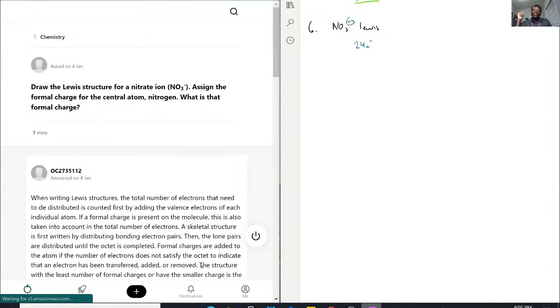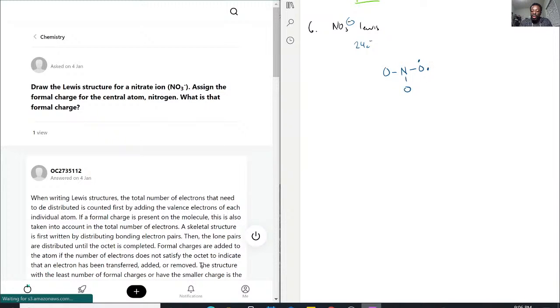So let's go ahead and draw with nitrogen in the center, not just because the question says so, but also because nitrogen just so happens to have the most unpaired electrons in its atomic form. So we have N, and we have the 3 O's, and supposedly it ends up being 1 minus. So let's now fill in the octets for everything here, or at least attempt to, because right now each oxygen is sharing one of its 6.